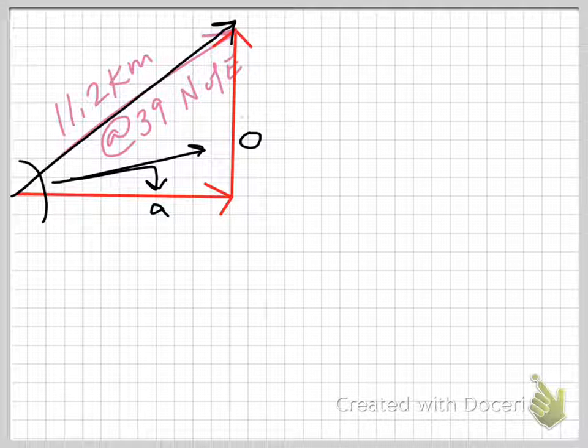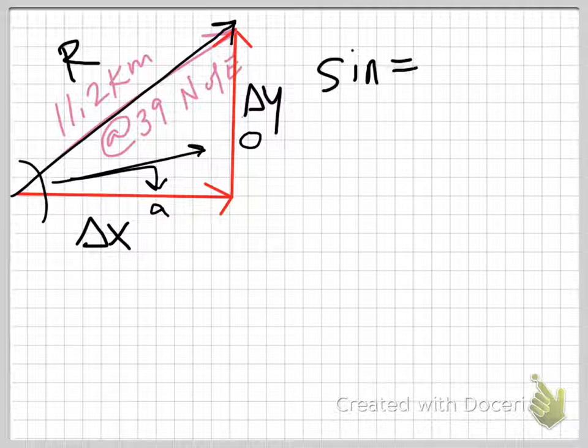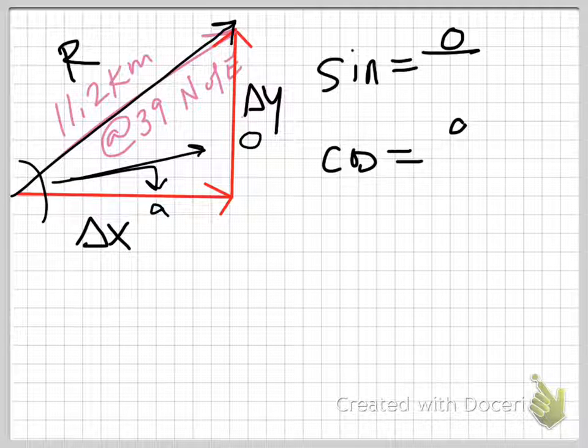So if I want to know what the delta y is, or the delta x, and this is my resultant, I have to remember that sine equals opposite over adjacent, cosine equals, geez Louise, that's tangent. So, get it?